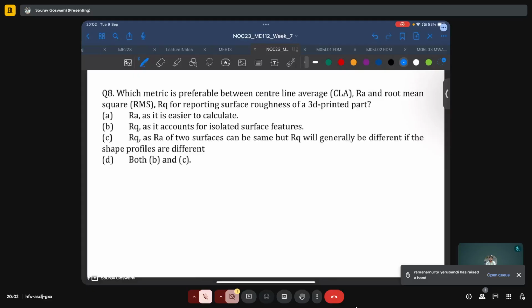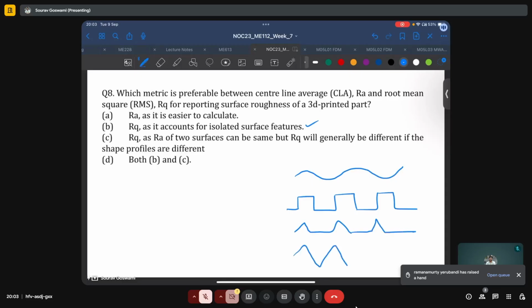We already know that Rq better accounts for isolated surface features because this is something Professor Kapil also discussed during the lectures. But what we also see is there can be surface profiles which are very different, such as a sinusoidal wave, a square wave, say a triangular wave, or a sawtooth profile.